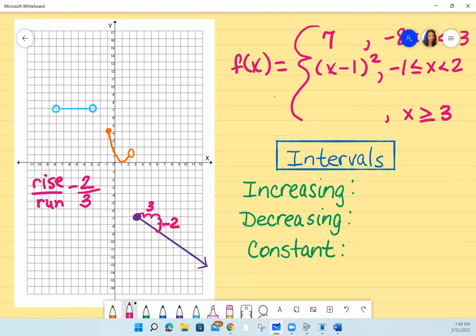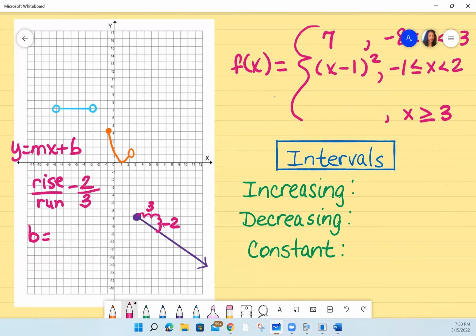So that's my slope. Now I want to see what it would have been if I'm trying to cross over my y-axis, because if I put it in slope-intercept form, I want to know my y-intercept, which is identified by b if I'm using y equals mx plus b, right?